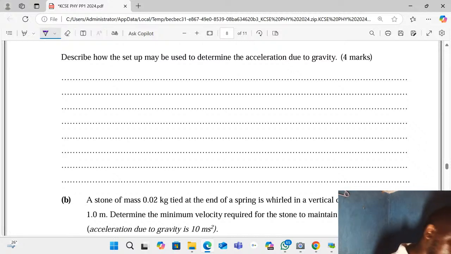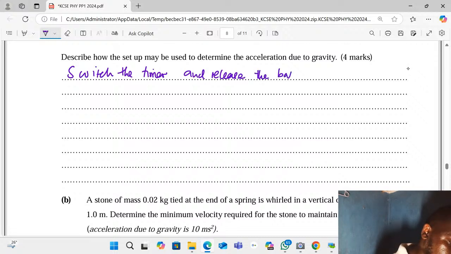Switch on the timer and release the ball free.